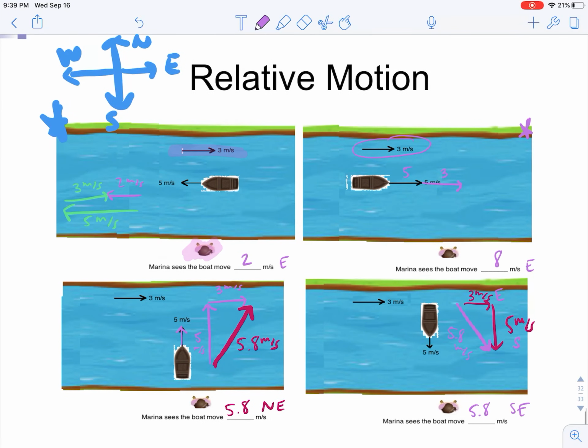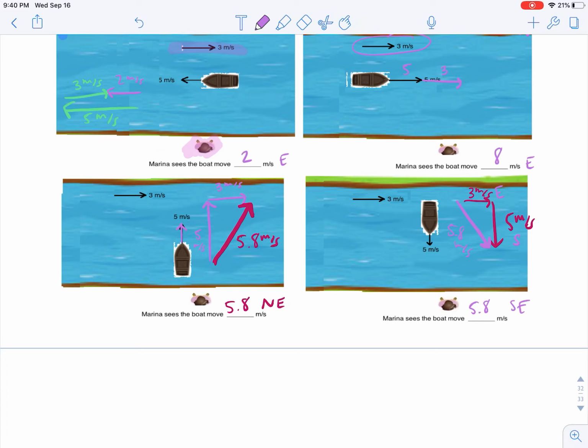There are lots of other videos that your teacher may link to a note page that you could watch to get the idea of relative motion. You could also, if you really wanted to, on YouTube, watch the first five minutes of the relative motion demo.